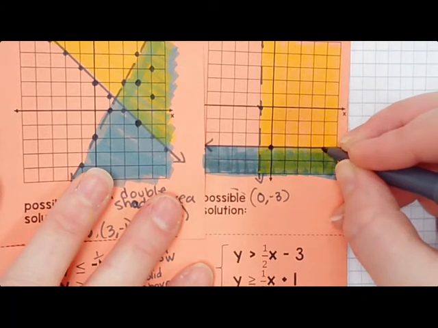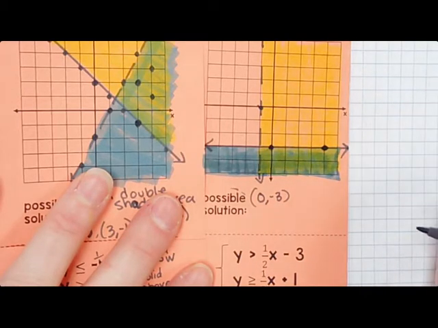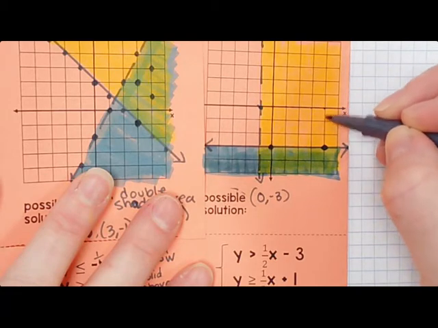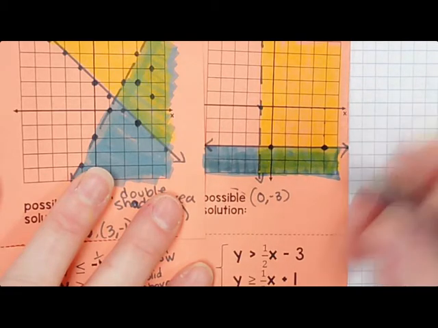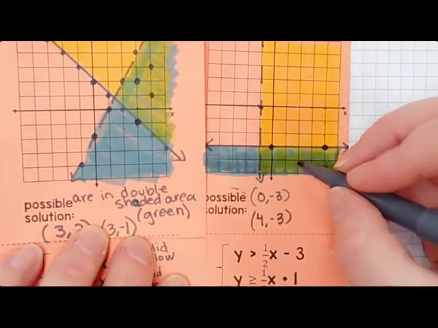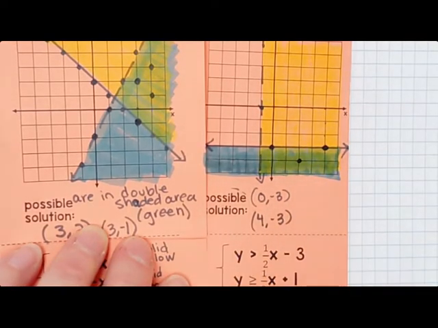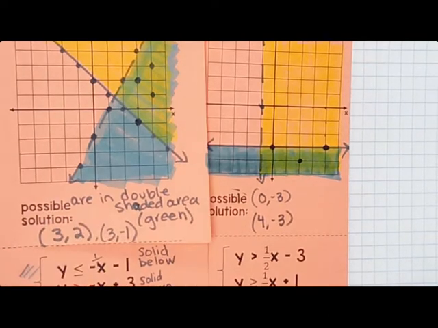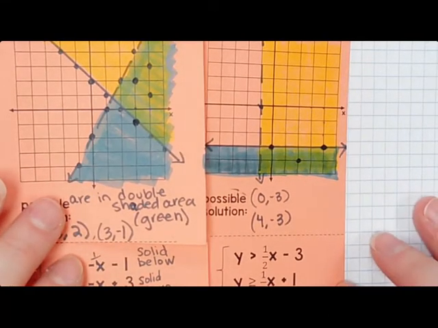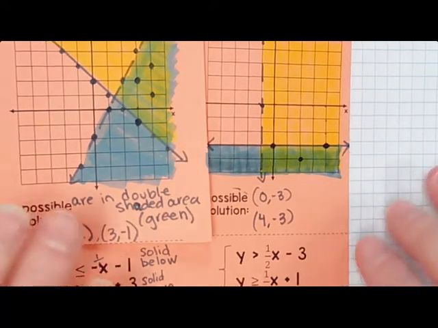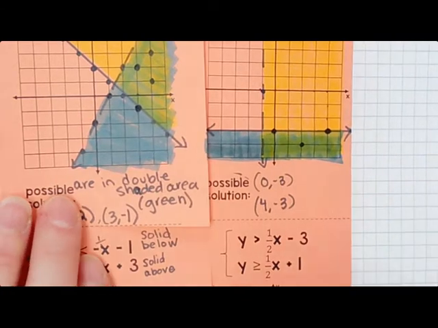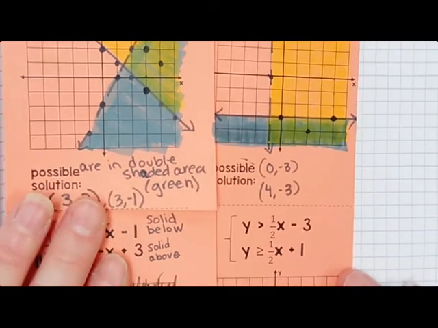We could have it as this point, (1, 2, 3, 4, -1, 2, 3), or any other point just in the green shaded area. We could put other points down here, but we just need to have 2. It's fine.